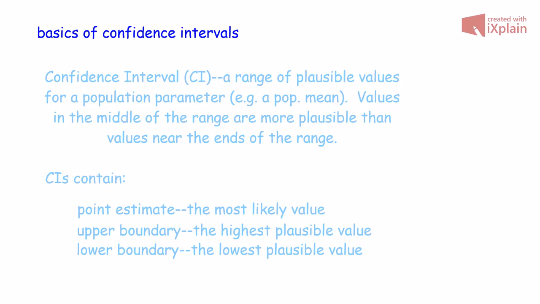An upper boundary is the highest value in the range that is considered plausible. And the lower boundary is the lowest value in the range that is considered plausible. These two upper and lower boundaries are considered equally plausible. It's just that one is on the high end of the range and one is on the low end of the range. And I'll show you how to find those on a future screen too.